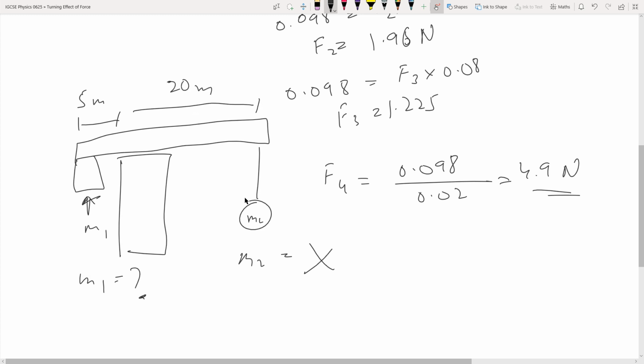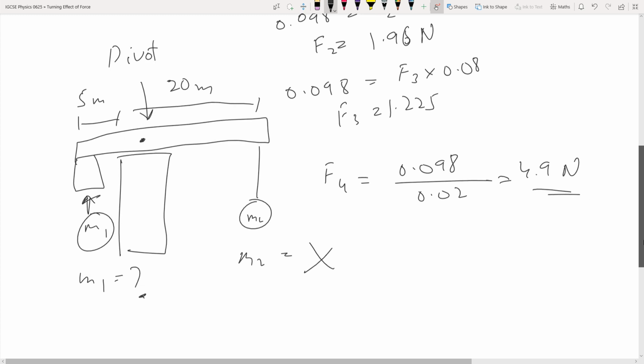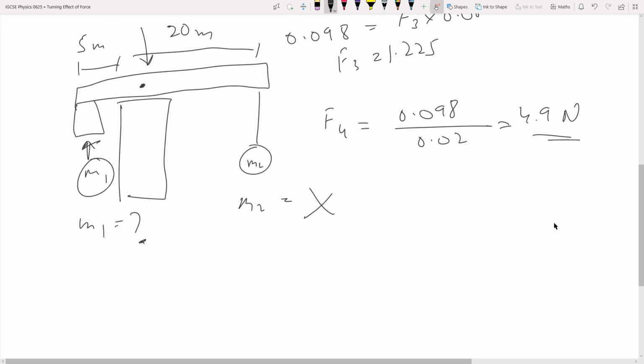This obviously needs a lot of mass at this end, because the pivot is here. So this is a similar case to this, but much easier. You simply equate M1G into 5 to M2G into 20 meters, right? That is how you can solve this.